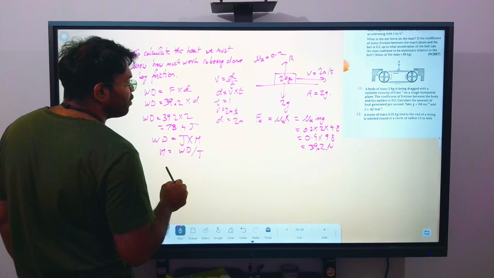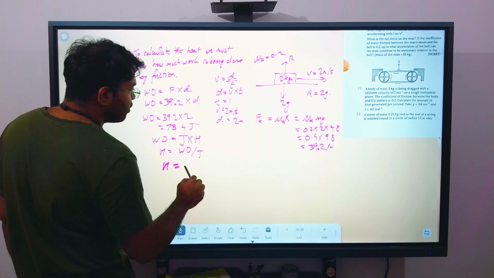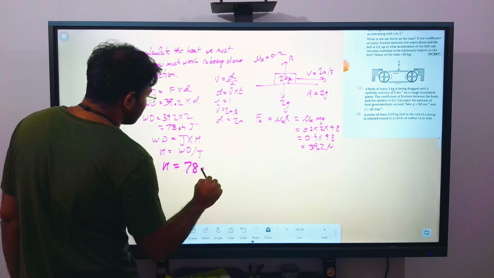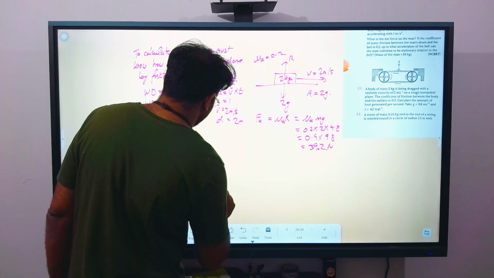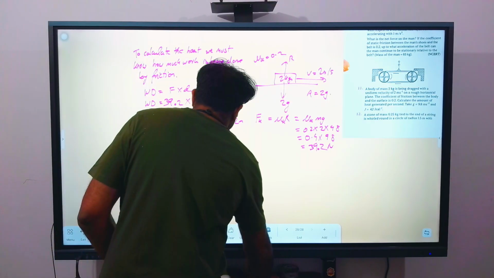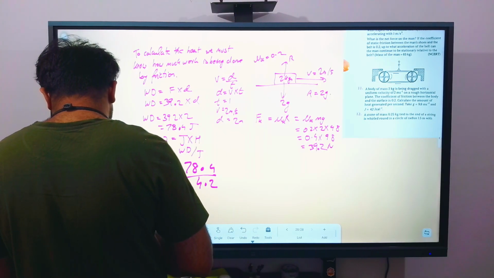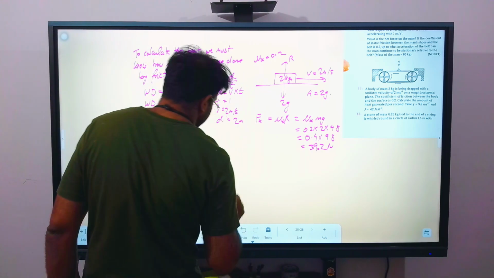So the heat generated will be equal to 78.4 divided by 4.2, which equals 18.66.